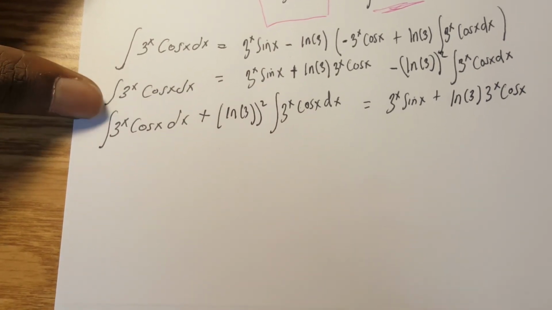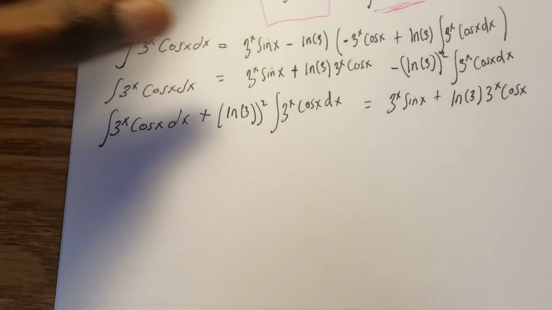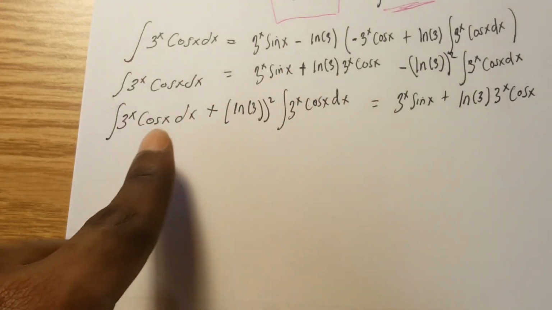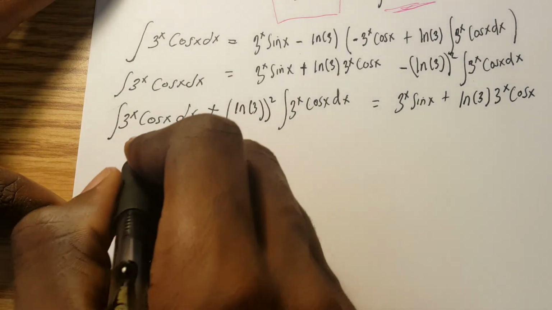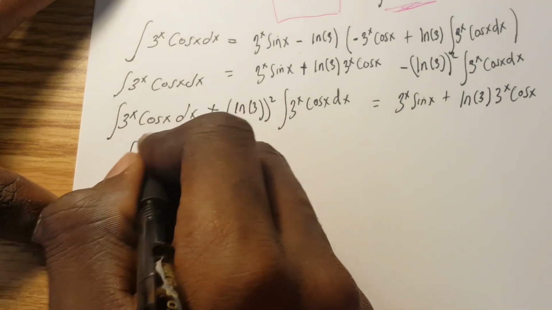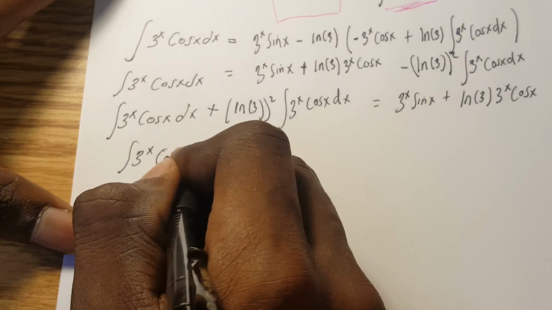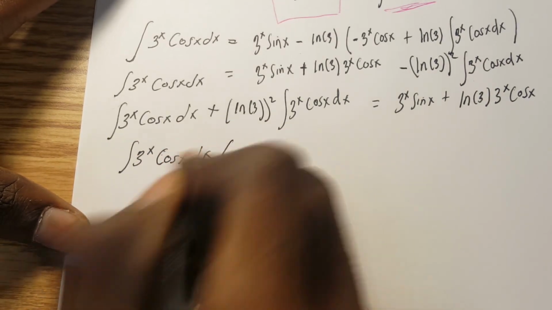So now we know we have this here on both sides, so we can factor out this guy right here. So we're gonna have 3^x cosine of x dx out.